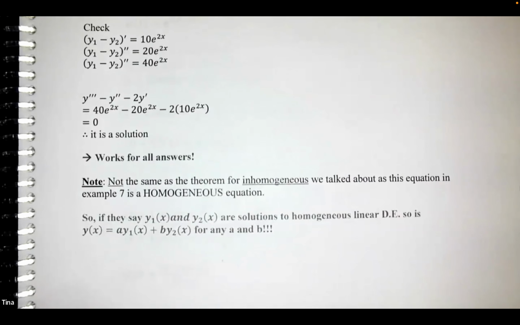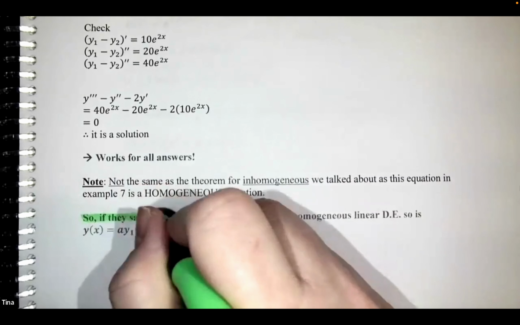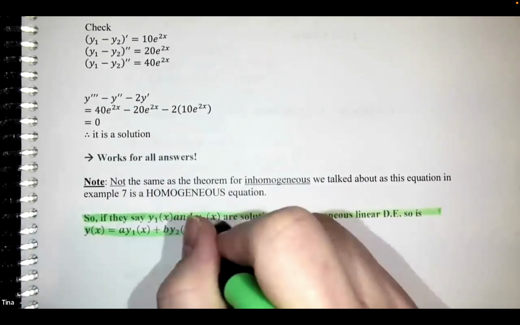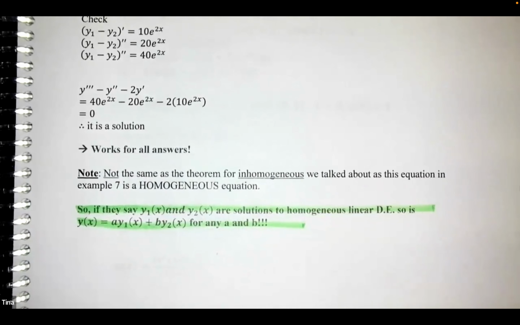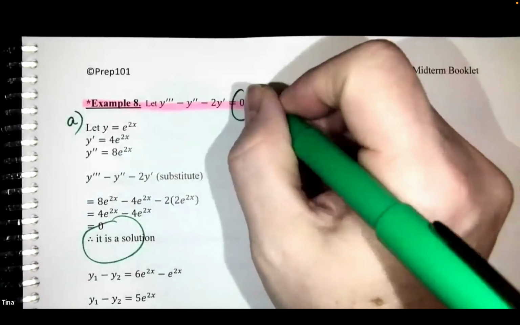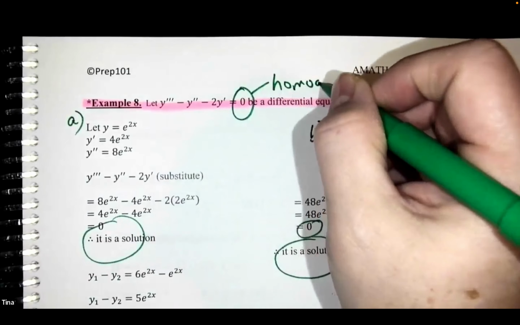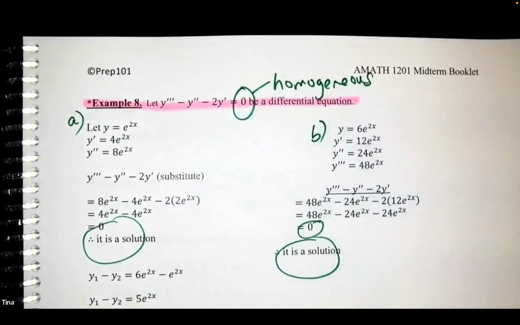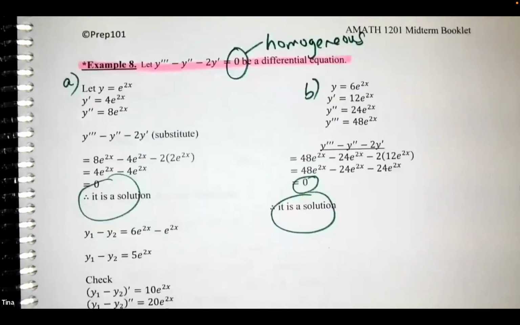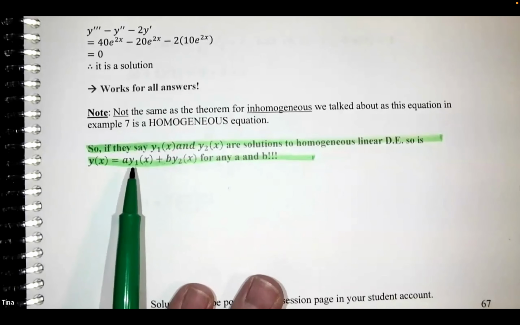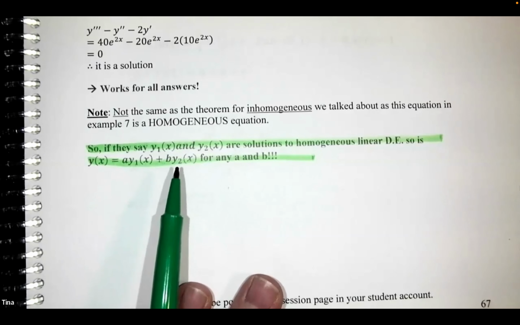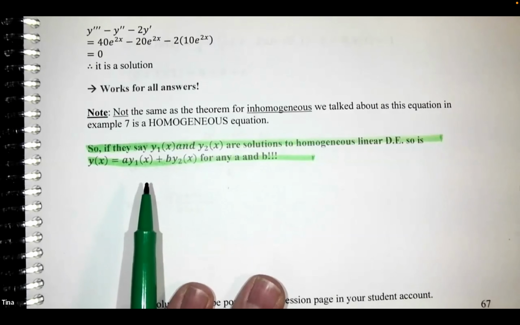Okay? So this one, if they say that y1 and y2 of x are solutions to a homogeneous, this one's homogeneous because it's 0. So if we have two solutions, then so is a number times one of the solutions plus a number times the other solution.